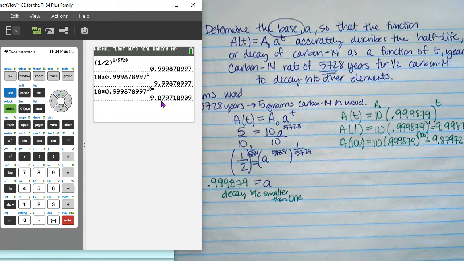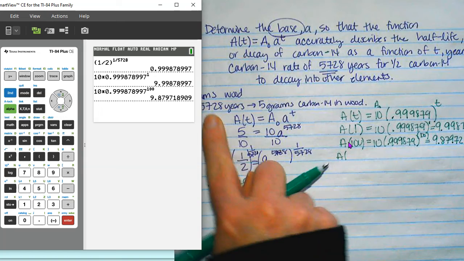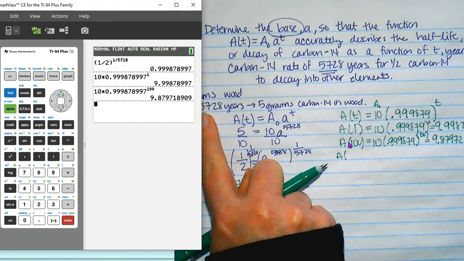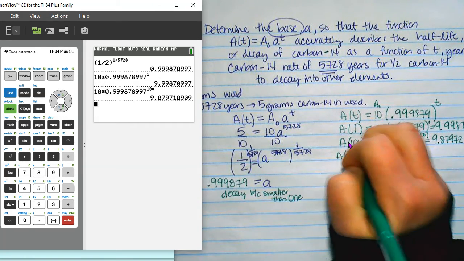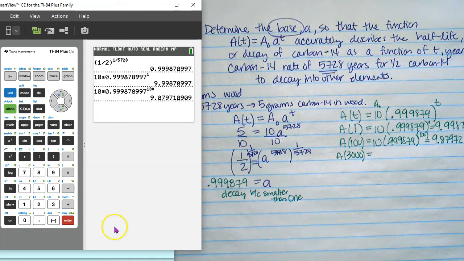And after 1,000 years, I'm going to have less, and after 5,000 years, I'll have 5. So let's test somewhere in the middle. Instead of 5,700, let's test 3,000 years and see how much we have at that point.